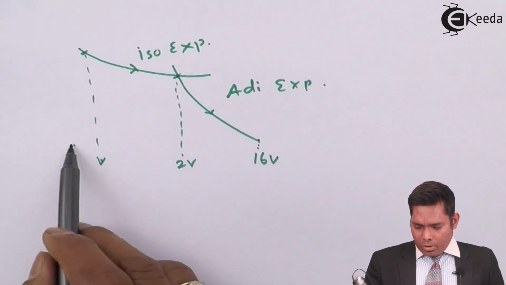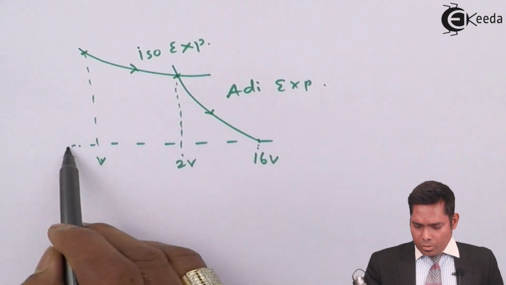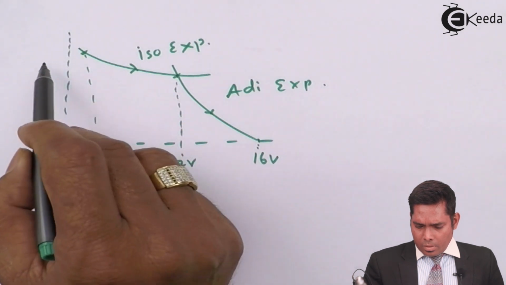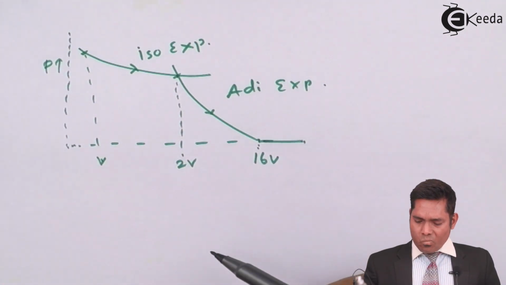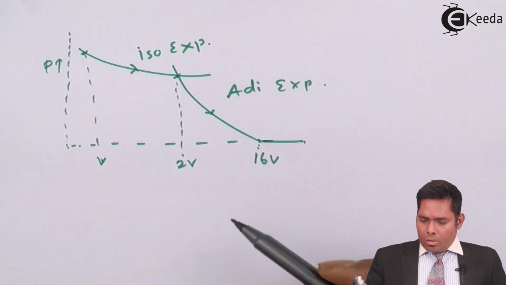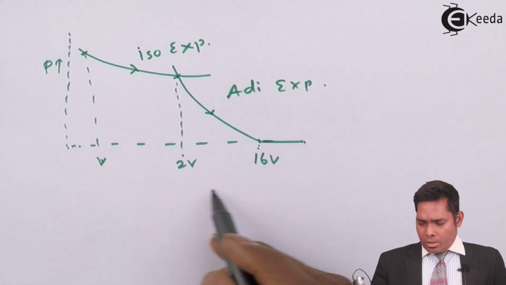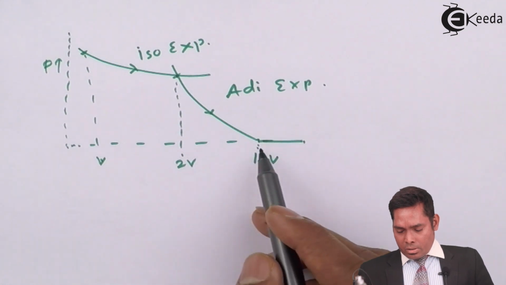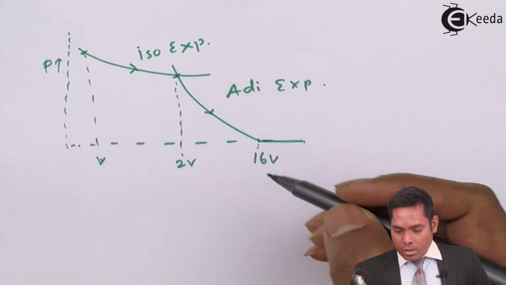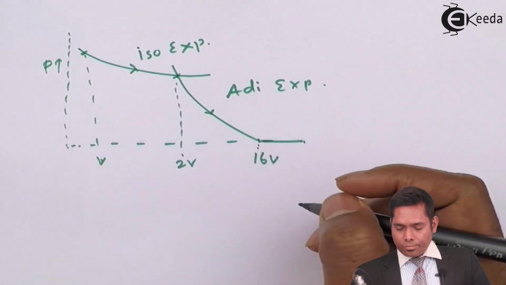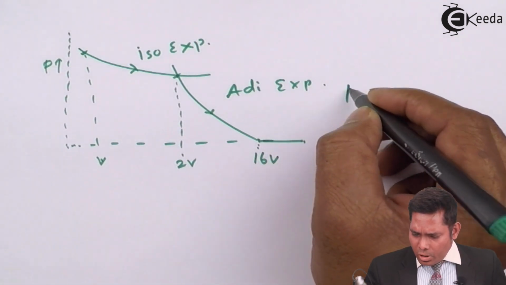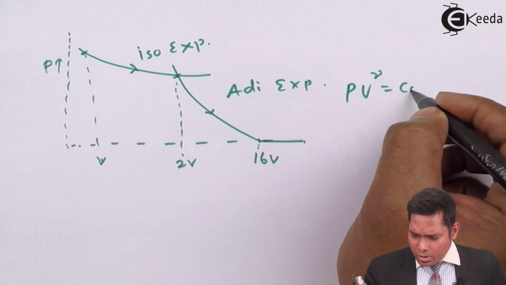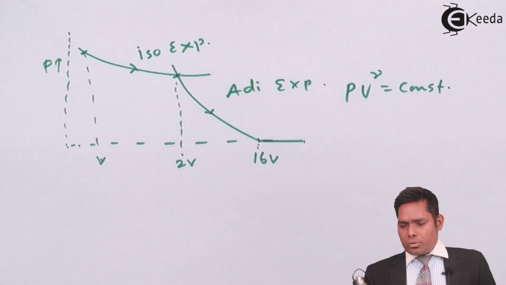If I think of the PV diagram, this is pressure and this is volume. It's not exactly touching this line, actually it's somewhere here. Now for adiabatic expansion, we use the equation PV raised to gamma is constant.